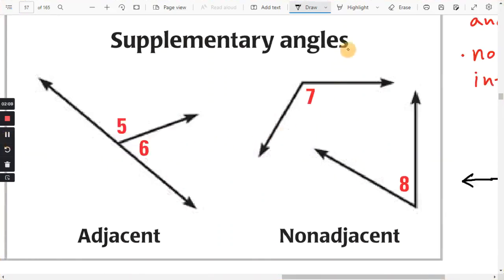For the supplementary angles, same thing. As long as it's two angles that add to 180 degrees, they're supplementary. They can be adjacent like this, sharing the vertex and the side, or they can be non-adjacent, not sharing a vertex or a side.